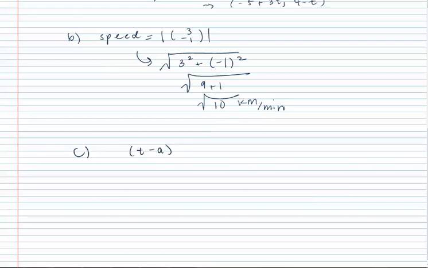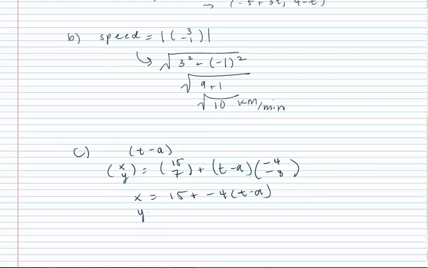You put t minus a into your vector equation, (x, y) = (15, 7) + (t - a)(-4, -3). Then we just solve for x: x equals 15 plus -4 times (t - a), and y equals 7 plus -3 times (t - a).